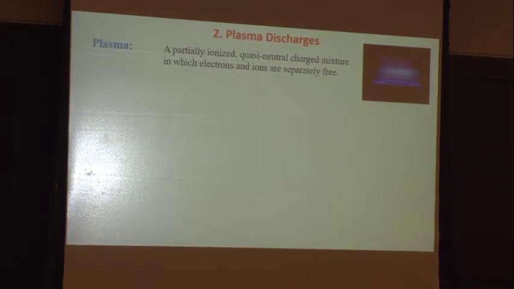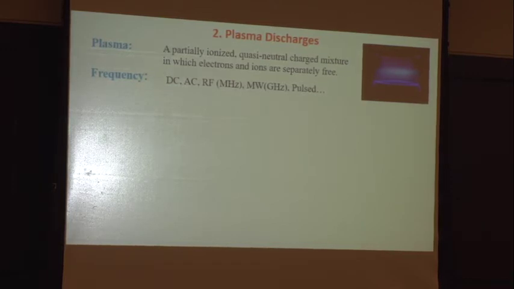So plasma basically has many definitions. For example, depending on the frequency, the first one, I have a DC plasma, a direct current plasma, right? I have AC plasma, like an alternating current, right? I have a radio frequency plasma. That means my frequency probably is from 100 kilohertz to 100 megahertz.